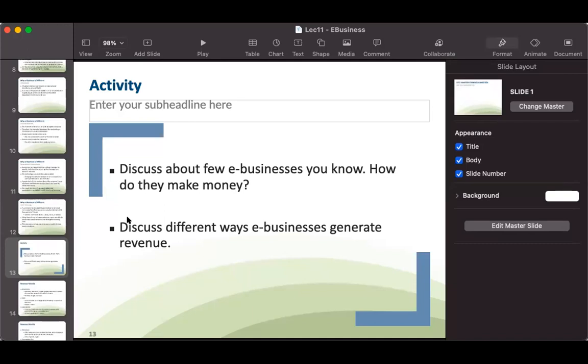If they are using the same method to generate revenue as an e-business platform, then there's no difference. So in order to find different ways, just make sure that you identify businesses that are different from one another, and don't copy from others, right?